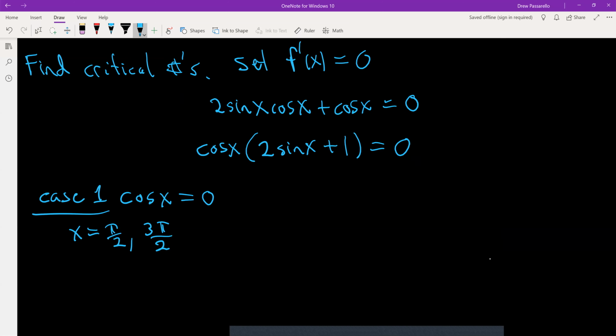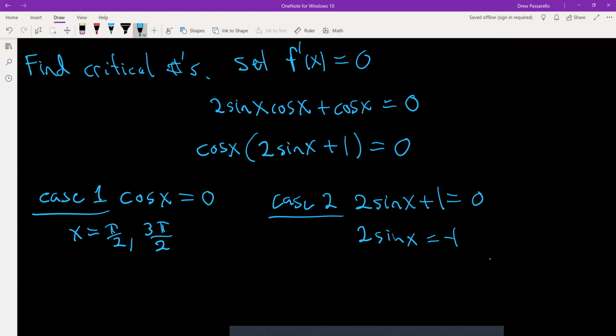All right, case 2 is 2 sine x plus 1 equal to 0. So subtract 1 and divide by 2. So you have 2 sine x equal to negative 1, divide by 2. You have sine of x equal to negative 1/2. And then I ask, where is sine negative 1/2 on the unit circle?